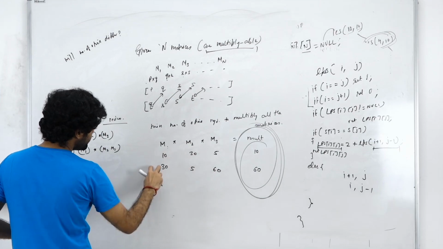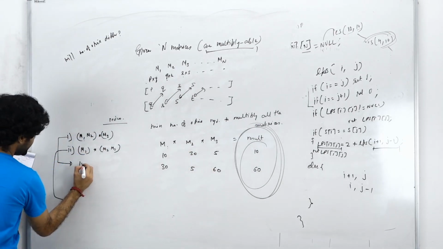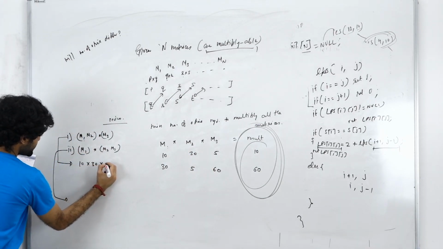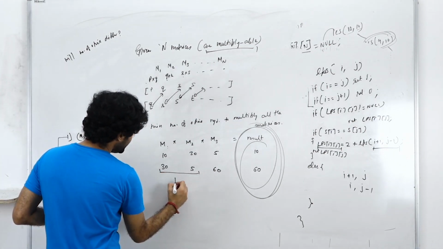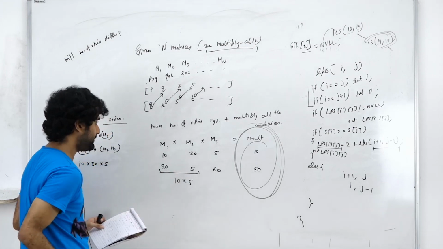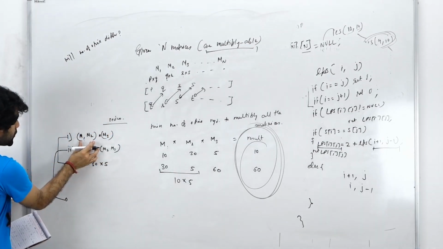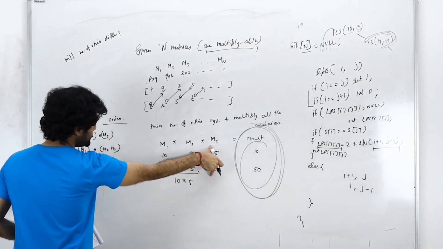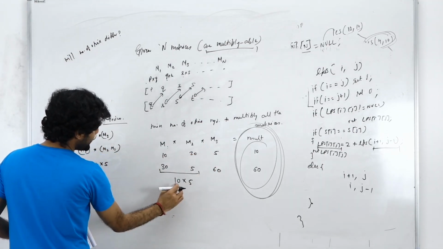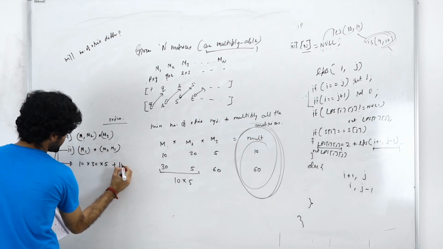What will be the cost of multiplying this? The cost will be 10 cross 30 cross 5, right? Now the result of this will be a matrix which is 10 cross 5. Now when you are multiplying a 10 cross 5 matrix, which is the result of m1 m2 multiplication, with m3, the cost of that will be 10 cross 5 cross 60.